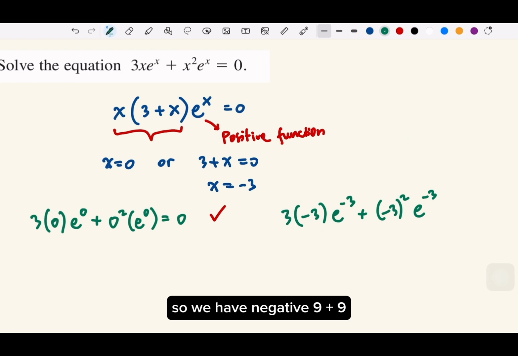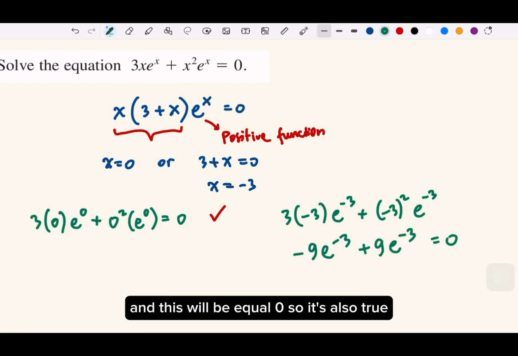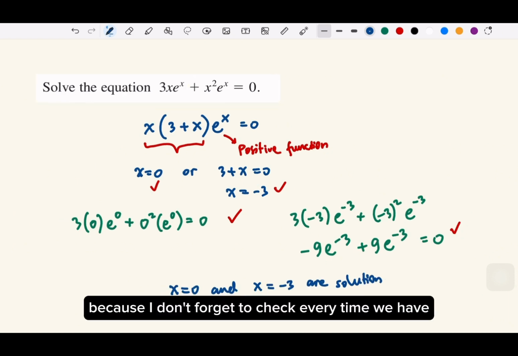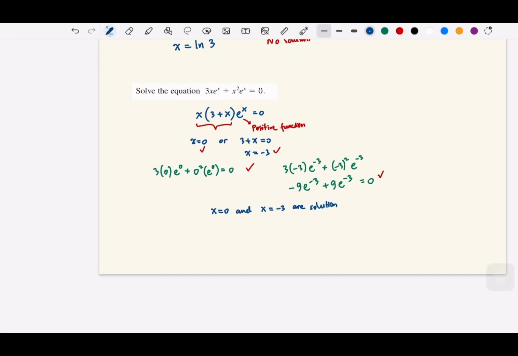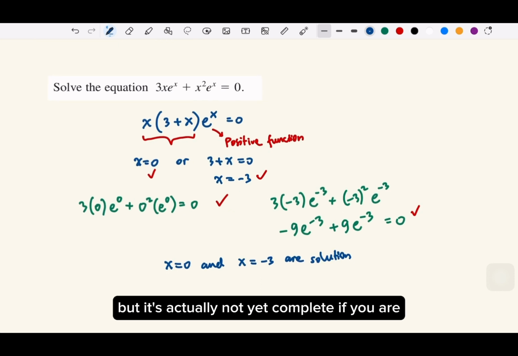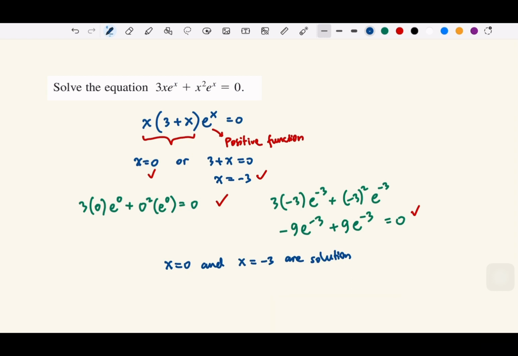So we have -9 plus 9, times e to the -3, and this equals 0. So it's also true. So both are solutions: x equals 0 and x equals -3. So don't forget to check every time. It seems to be finished, but it's actually not complete if you don't check the solutions. So always check the solution at the end.